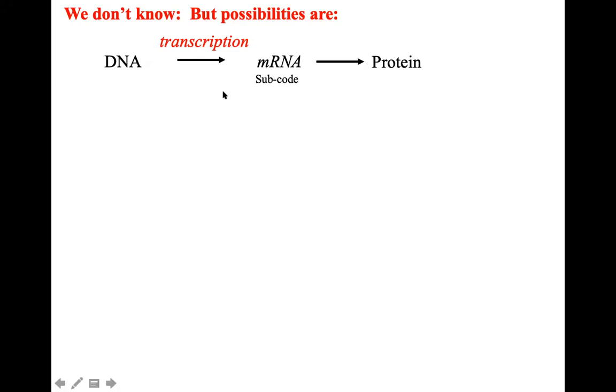So just cast your mind back. I told you that this code is used to make a subcode, which is used to make protein. And this process here of making this subcode from your long linear molecule is called transcription. The second step is called translation, but I'm not going to talk about that.